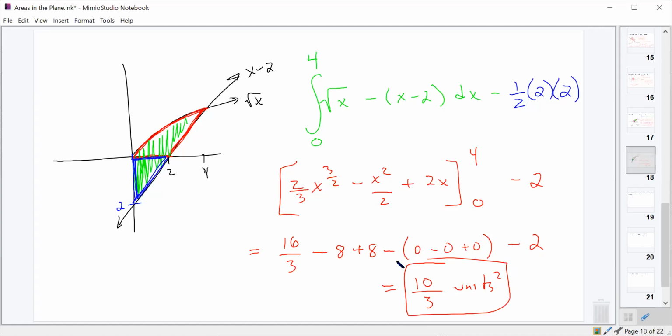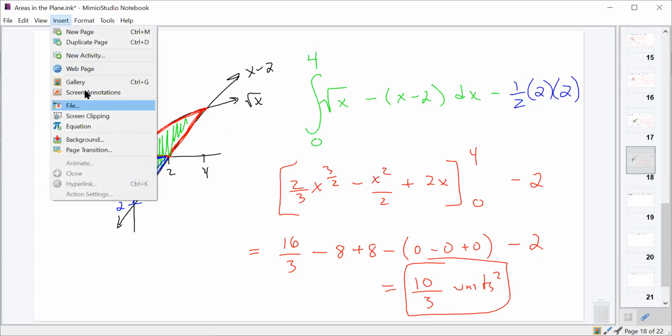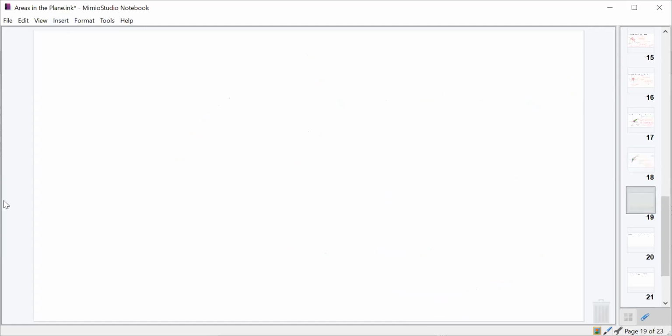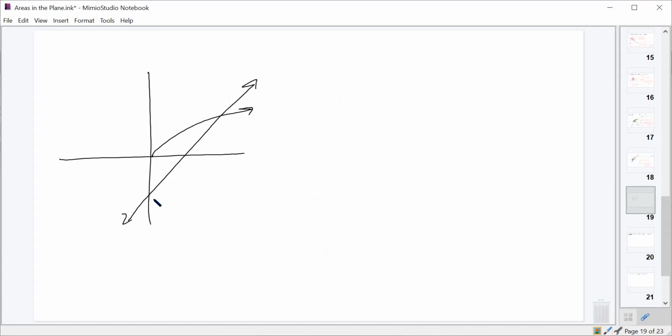All right, let's do this one again. Now we're going to do this the way Jack really wanted to do it. So there's root x, there's x minus 2.